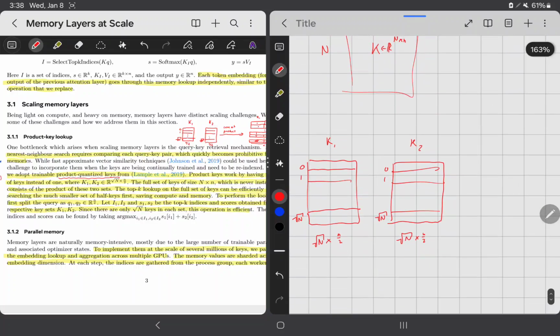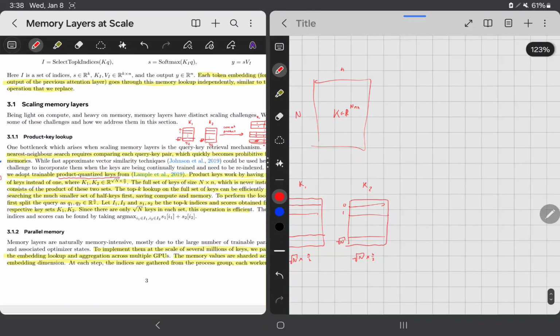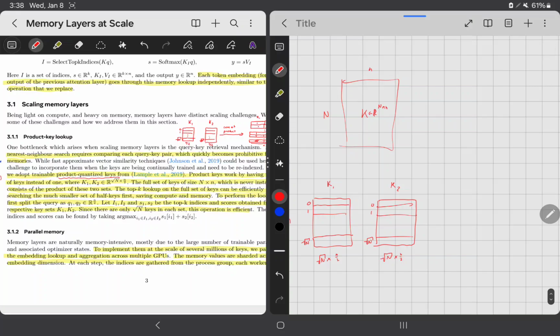And what you do is concatenate these in every combination possible. The first unique vector would be vector 0 from K1 and vector 0 from K2.